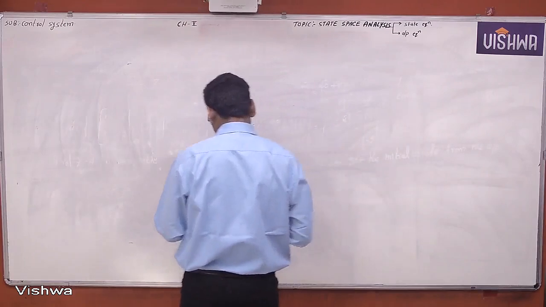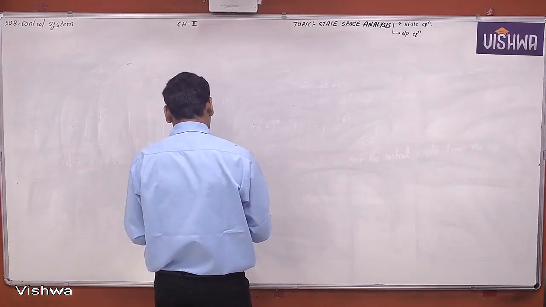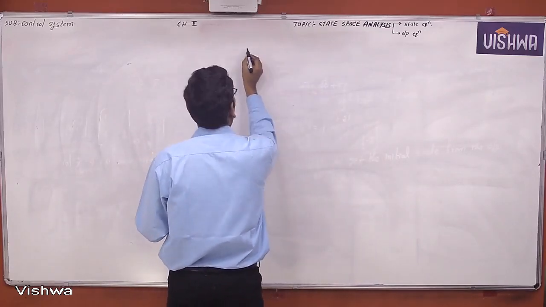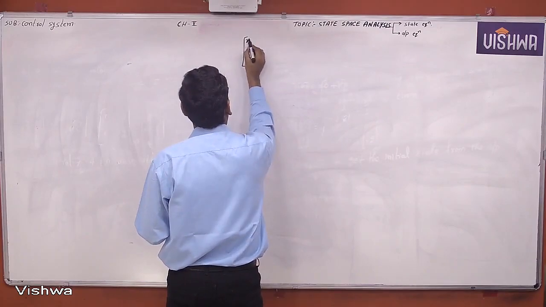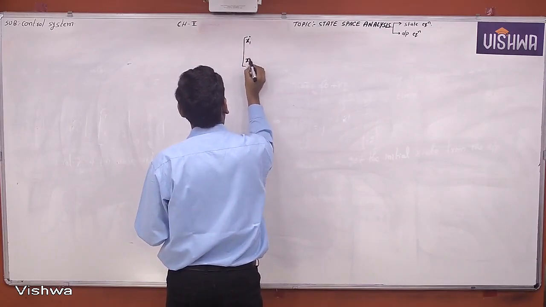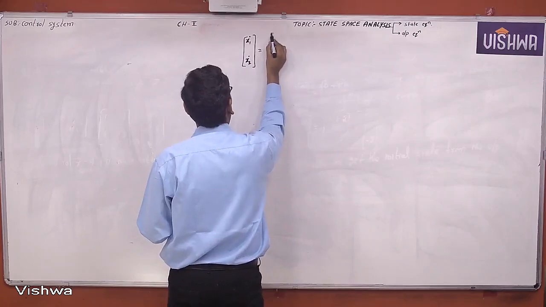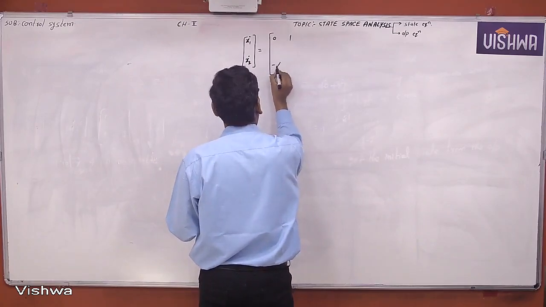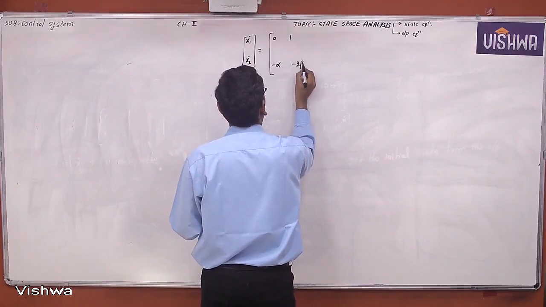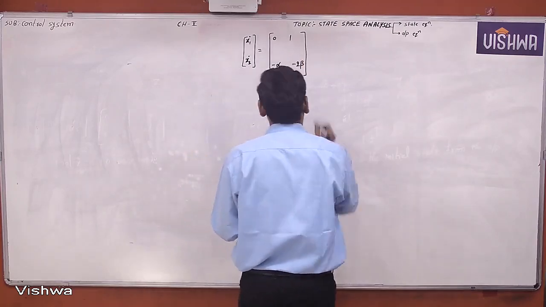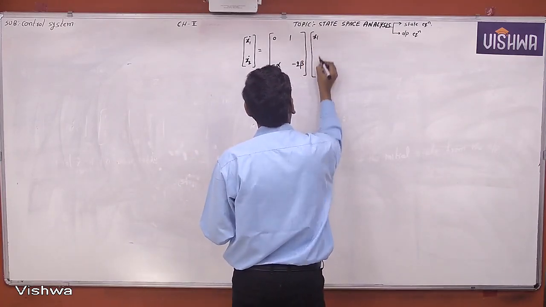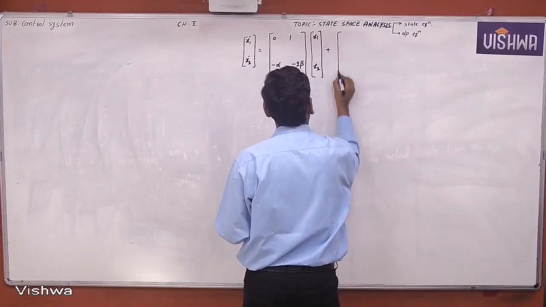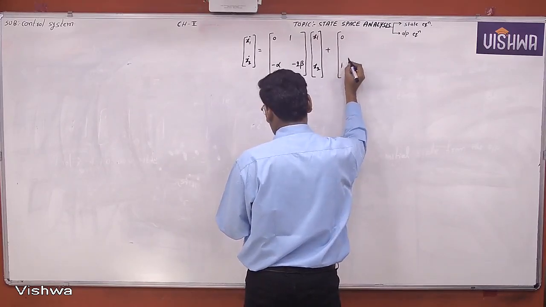By considering the following state space model, which is x dot equals [0, 1; minus alpha, minus 2 beta] times [x1, x2] plus [0, 1] u.